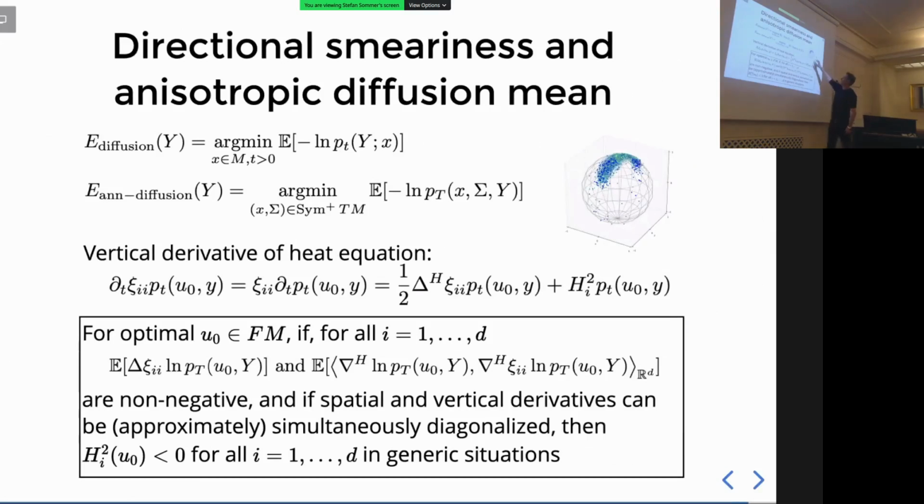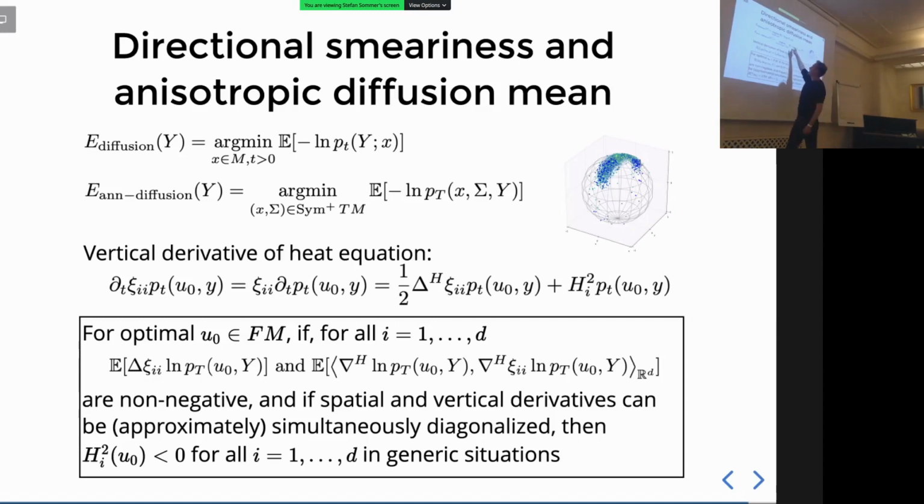Now I'm fitting distributions that still arise from a heat flow, but from this frame bundle picture, and they have non-trivial covariance, so they are much better fitted to a situation like this than what I had if I just took the diffusion mean based on the Brownian motion.